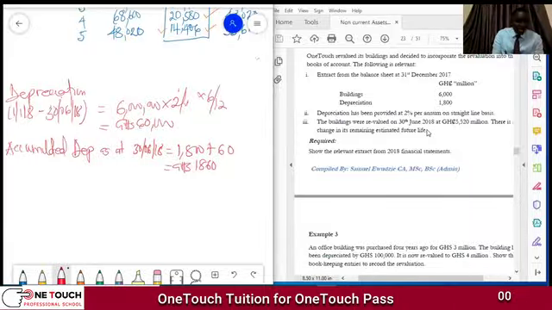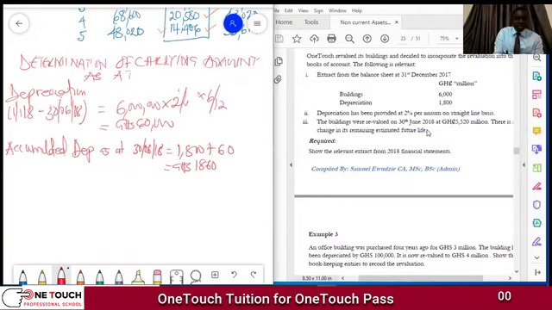Now, we don't need the depreciation, we need the carrying value. So this is the determination of carrying amount as at 30th June 2018.